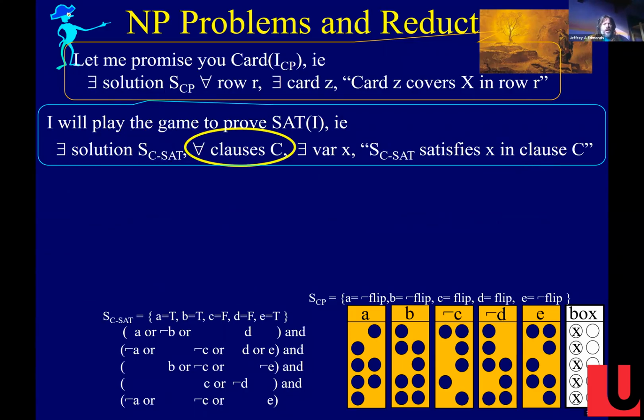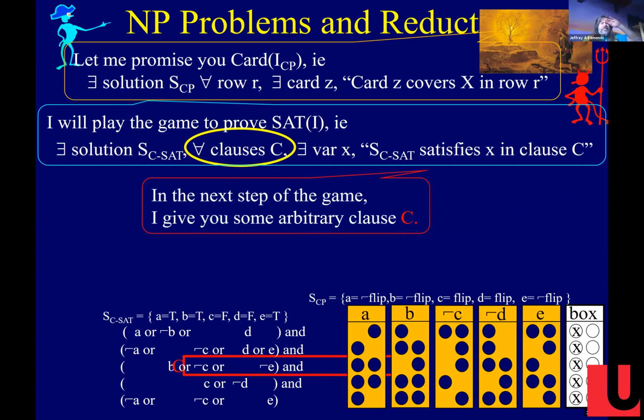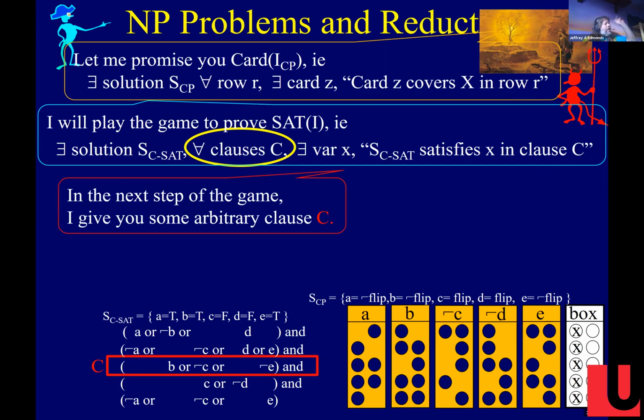So let's move along. What do we have to prove? We have to prove that the setting of my variables satisfies every clause, right? So how do I deal with the for all clauses? Adversary, exactly. The adversary comes and tells me some clause. So this is the clause now that I care about.